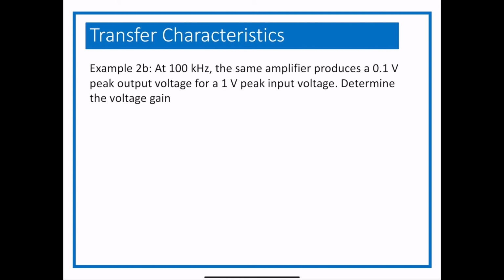To find the voltage gain there, we take Vout, which is 0.1 volts, divide by Vin, which is 1 volt, and that gives us 0.1. If we want to find the dB value, we take 20 log of 0.1, and we get negative 20 dB. So that's basically how it looks when you have circuit attenuation going on.